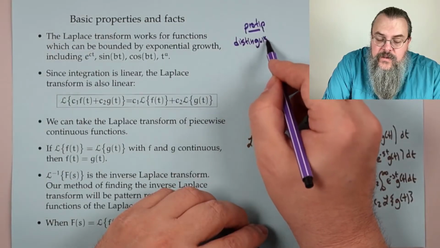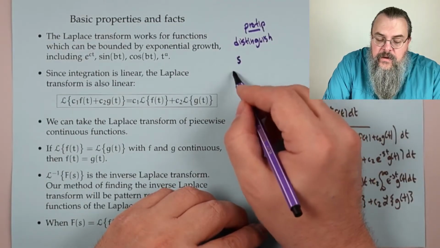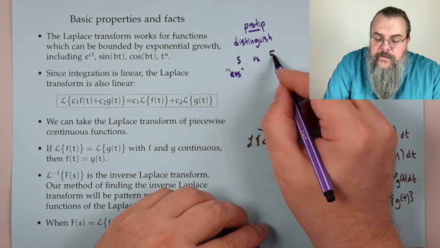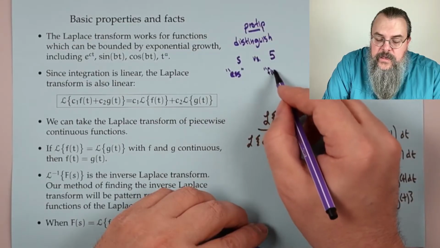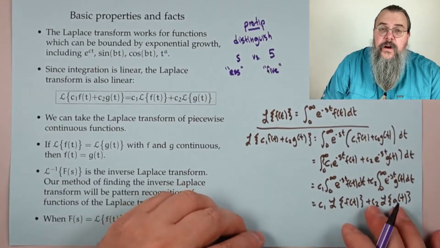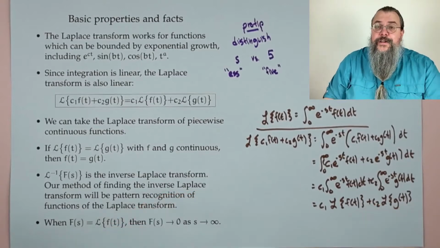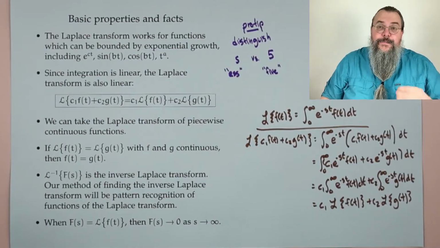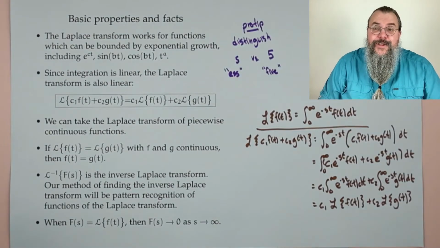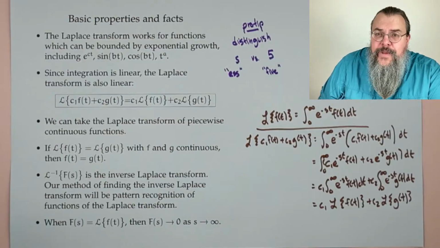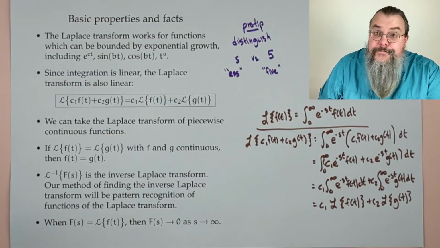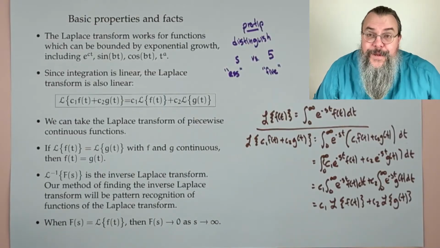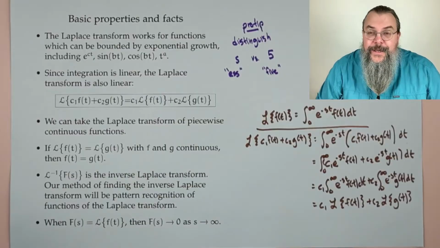In other words, distinguish your s and your 5. And inevitably, at some point, someone will say, oh, I see a 2s. Oh, that's 25. Or they'll see a 25 and say, oh, that's 2s. And so be careful. Keep track of things. Be able to read your own handwriting. I know that sounds easy. It's not. It's actually pretty challenging.